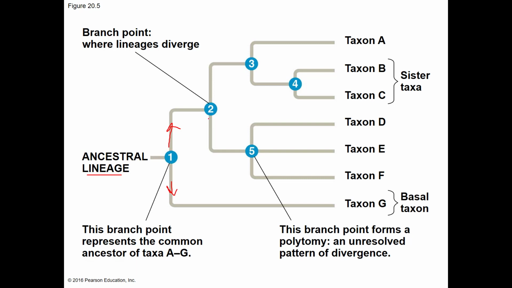Here's another branch point right here, where this common ancestor branched off, making two different groups. Over here are sister taxa. So B and C are sister taxa because they share this common ancestor at number 4. They both branch directly off of this common ancestor here.